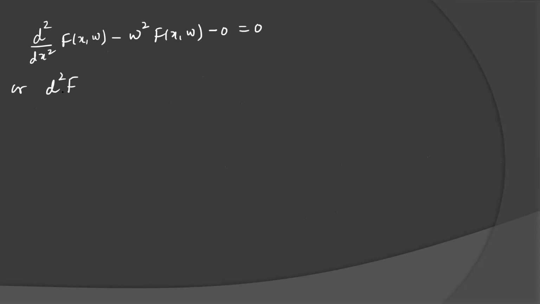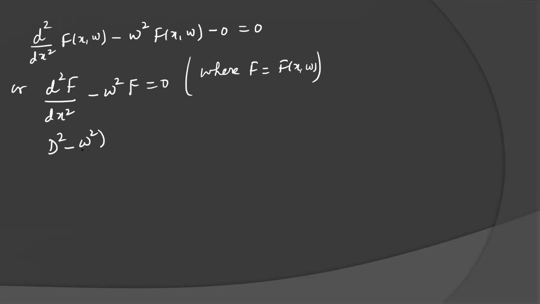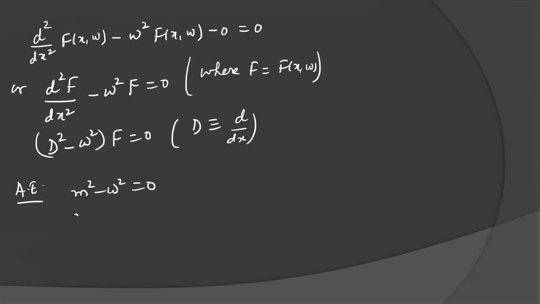Or d2f by dx2 minus omega square f equal to 0, where I am supposing f is equal to F(x, omega). Now we can write (D square minus omega square) f equal to 0, where D stands for d by dx. If you take the auxiliary equation, m square minus omega square equal to 0, so m equals plus or minus omega. So its CF can be written as C1 e to the power omega x plus C2 e to the power minus omega x.